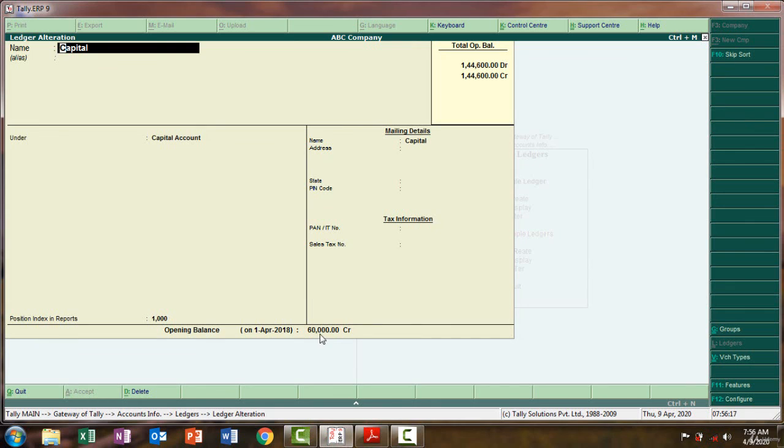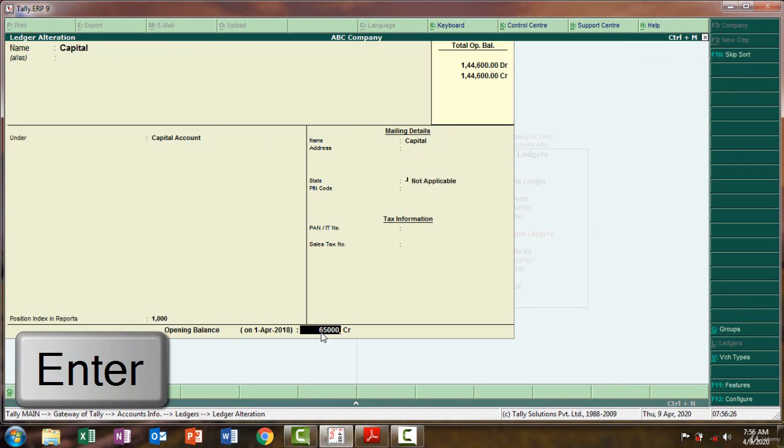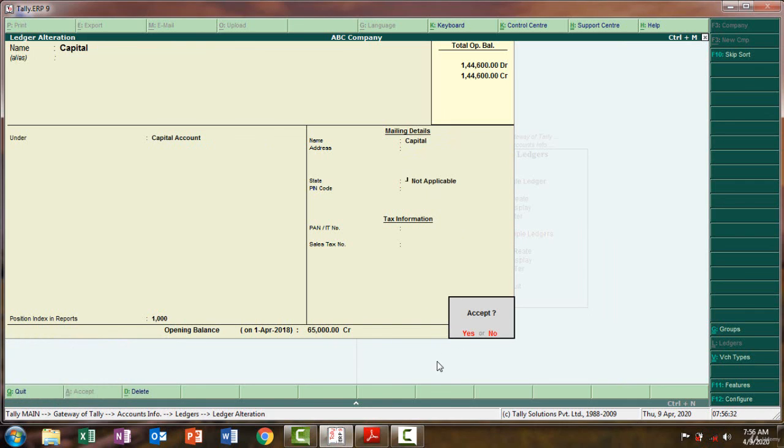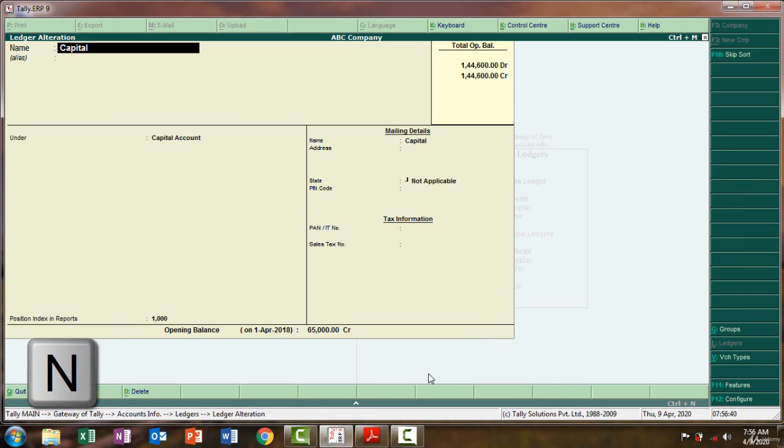If you want to change anything in the ledger, you can change. For example, I'm going to type 65,000, then enter. If I want to save, click Yes, Y, or otherwise No. I'm not going to change it because it's the correct amount, so I'm going to click N, then okay.